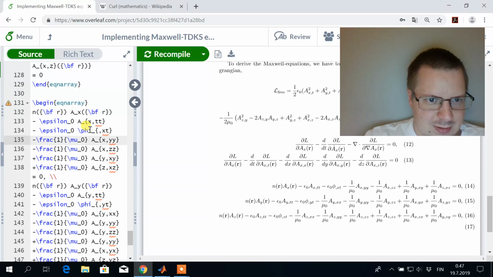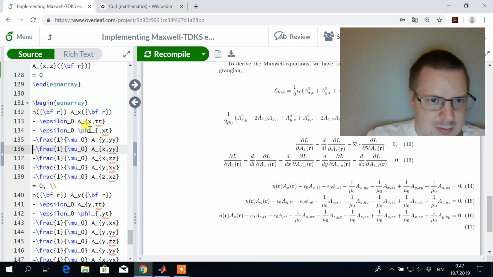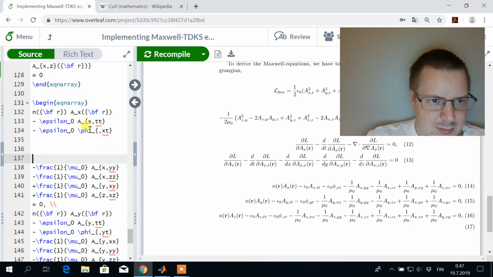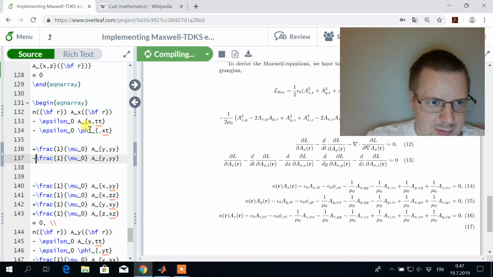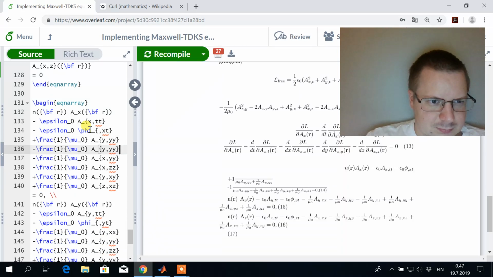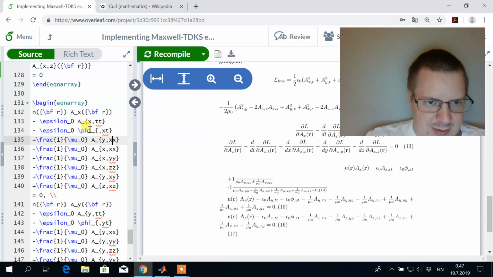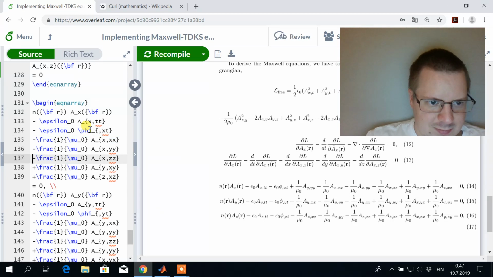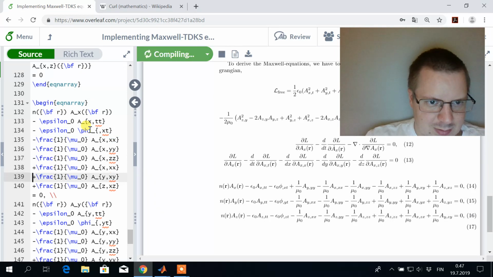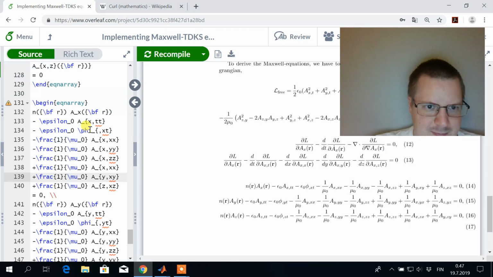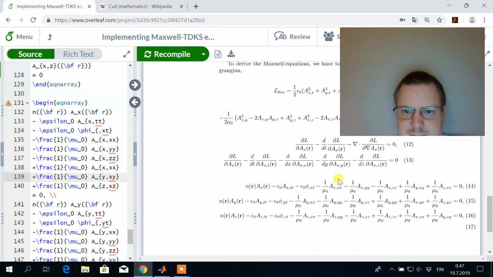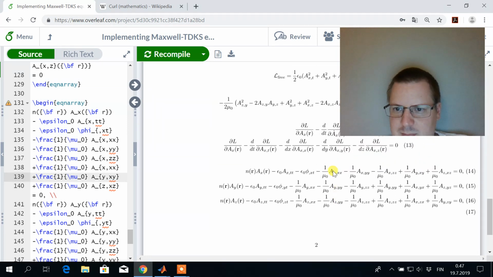So we have, so I will have x, and then same x will be copied somewhere over here. And now, so we see that this is minus 1 over mu 0 Laplacian of ax here.